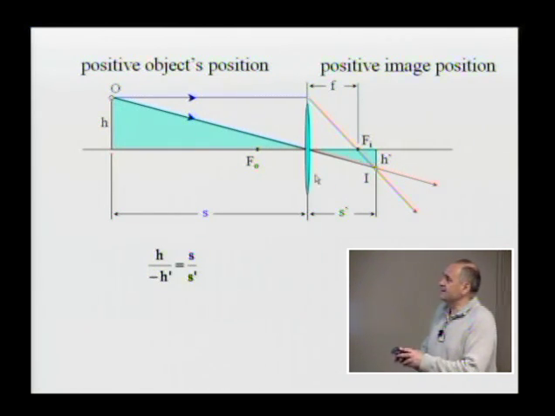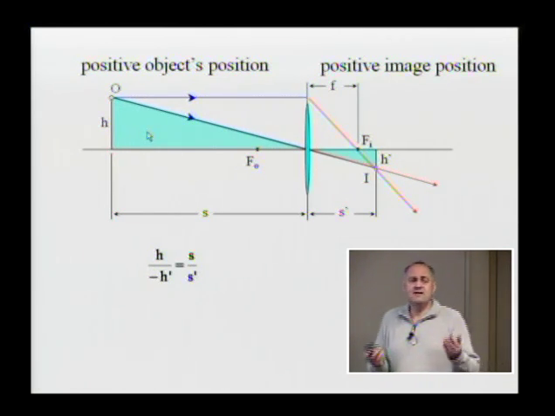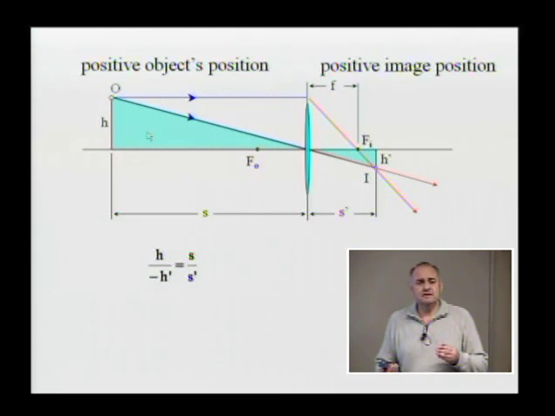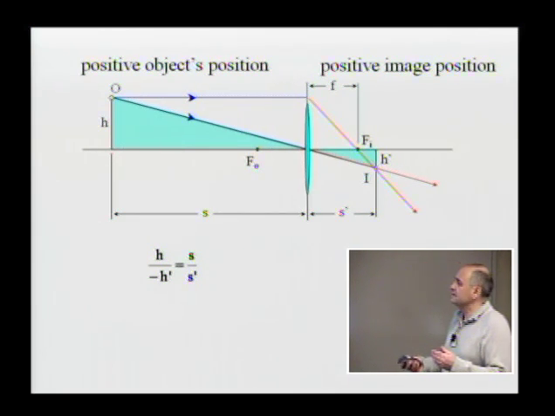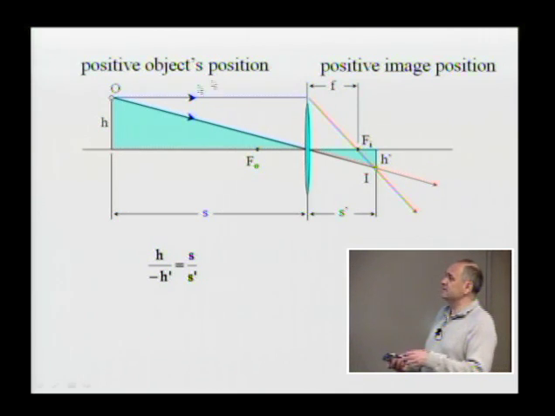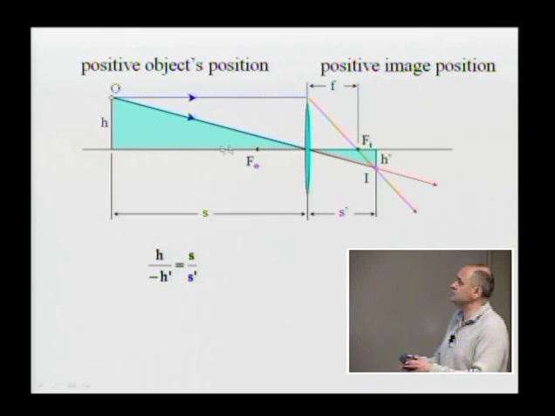All right, I can now do a very similar consideration as for a mirror, and identify similar triangles and write appropriate proportions. So I can recognize that these two triangles are similar. So now the vertical components of positions are related to the horizontal components of positions of object and image.